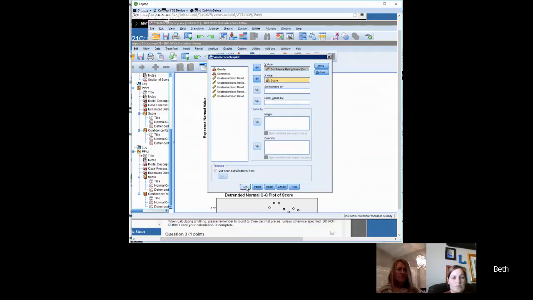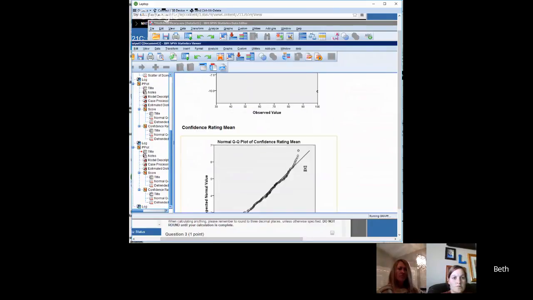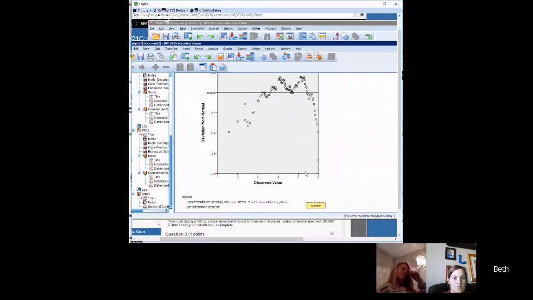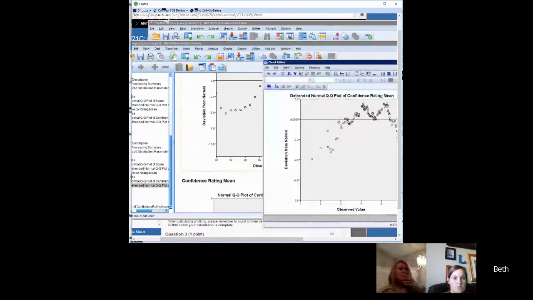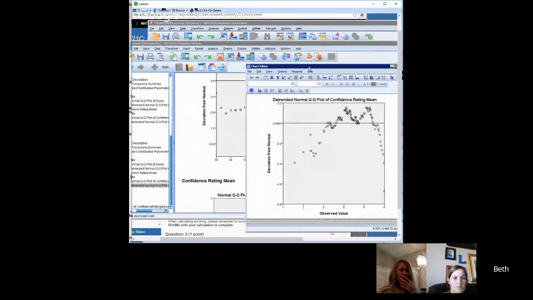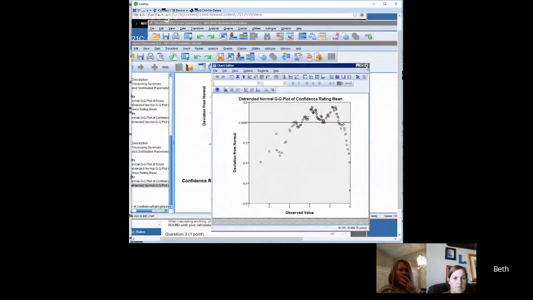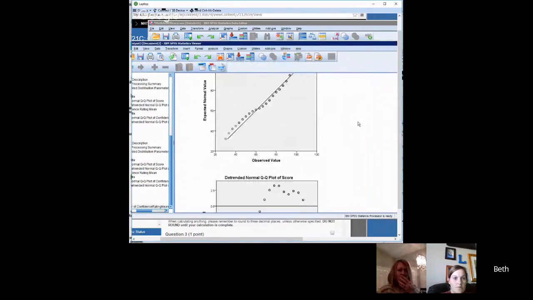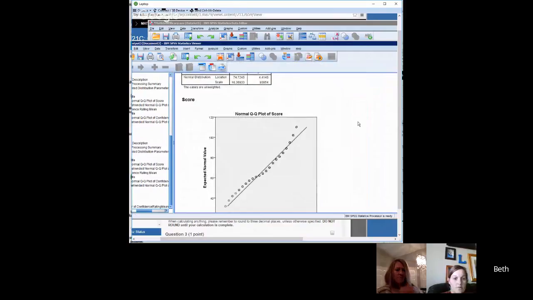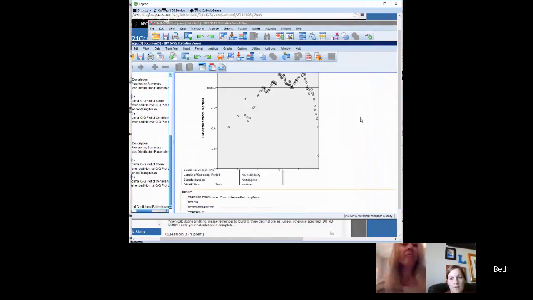Let me try switching stuff. It doesn't matter which way I put the data for the QQ plot either, it's still there.